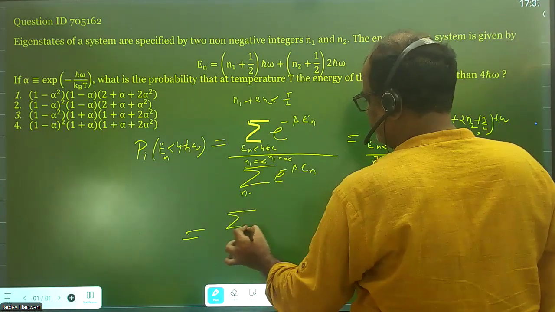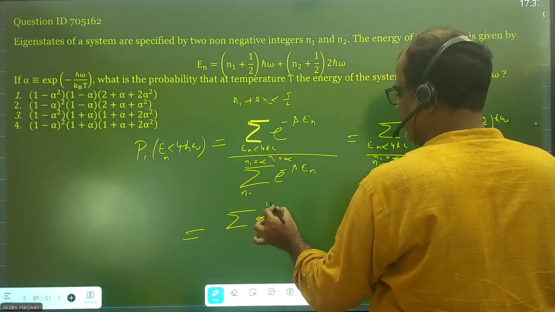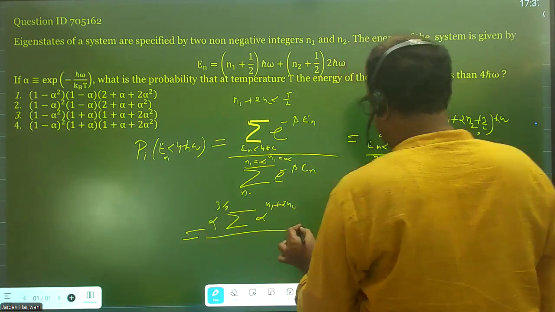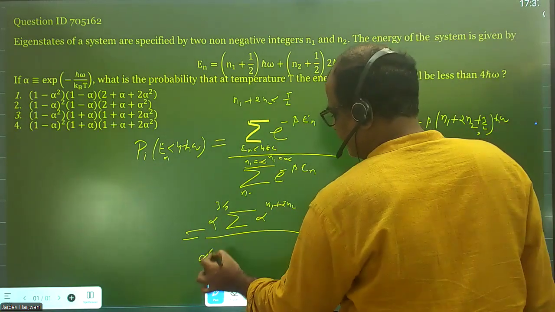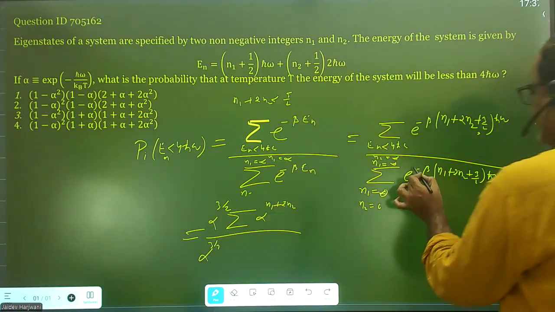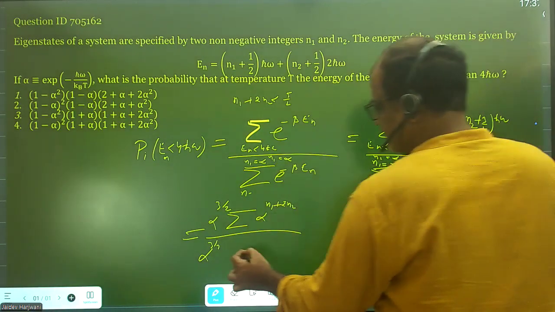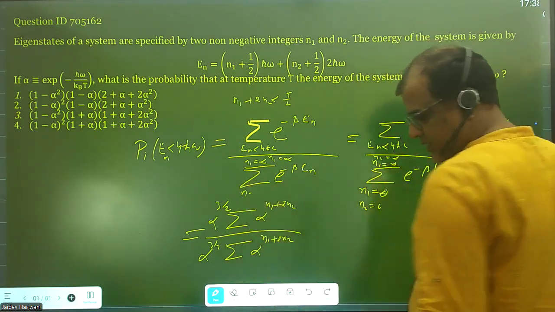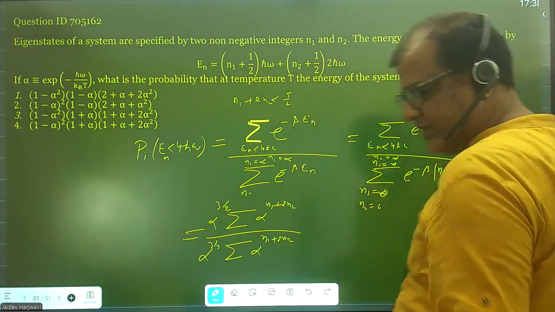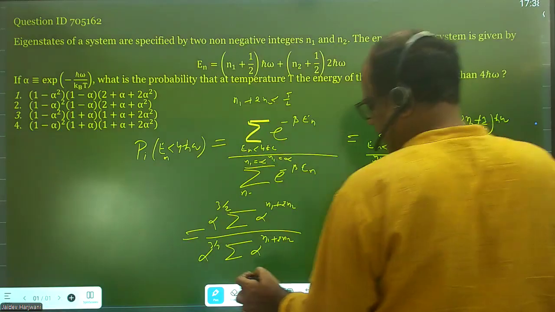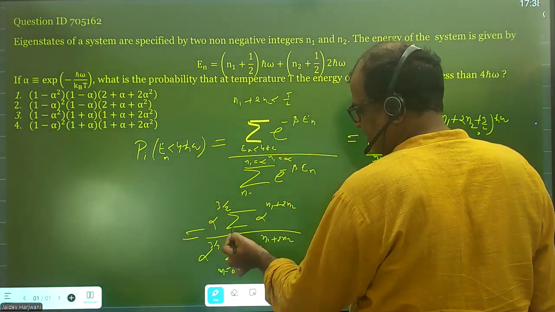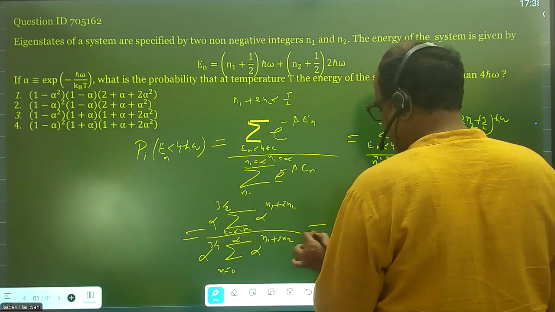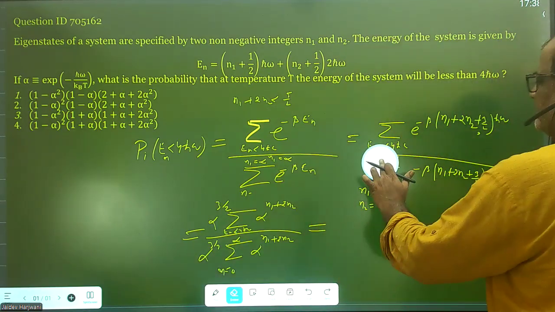So this becomes alpha^(n1 + 2n2), and alpha^(3/2) comes out of both the numerator and the denominator. Here the variables vary from 0 to infinity, and on top you have the limitation E_n less than 4ħω.